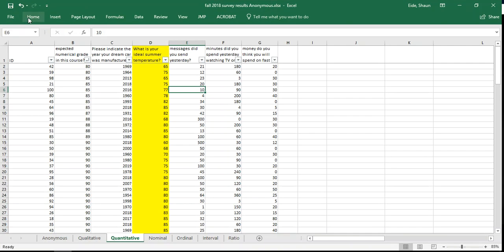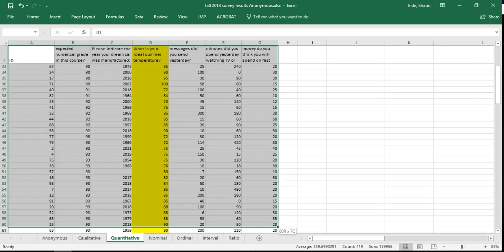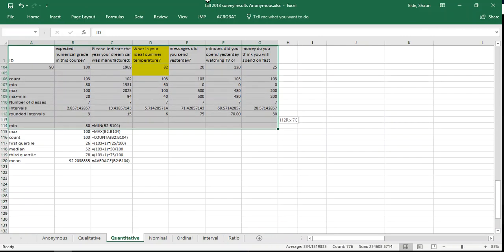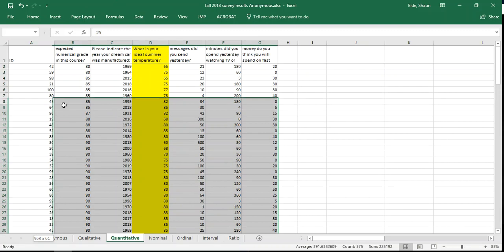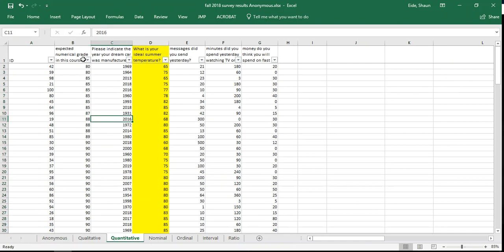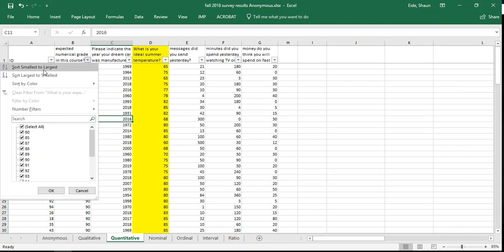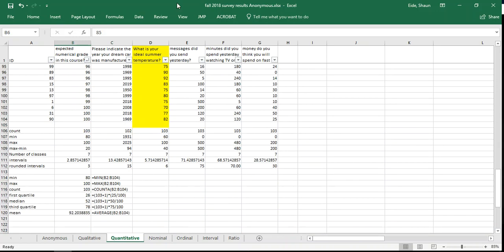If you maximize this, go home, sort filter, and then you just highlight all your data that you want filtered, and then you go home, filter, and it applies a filter, and then we're going to sort from smallest to largest.